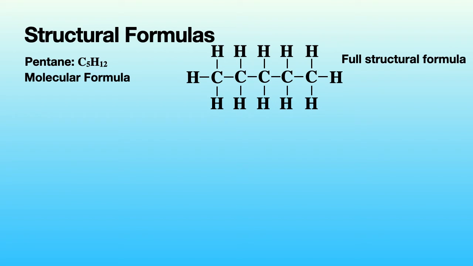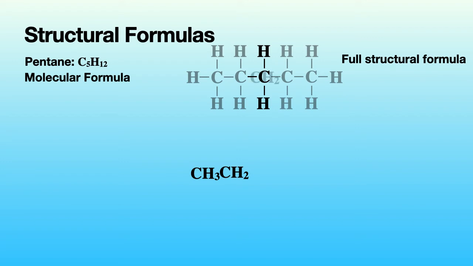Now, it can get a bit wearing, writing down lots and lots of C's and lots of H's, so sometimes we simplify this. Consider just that highlighted group of atoms there, at the end. If we were just writing the formula for that, we'd write that as CH3. Now we can move on to the next carbon. If we were just writing the formula for that bit, that would be CH2. And we can keep going along the molecule.